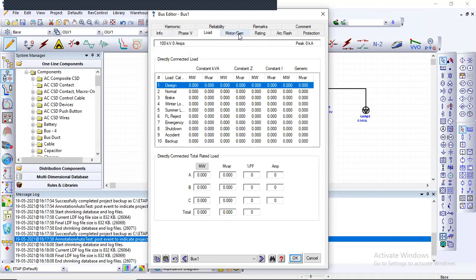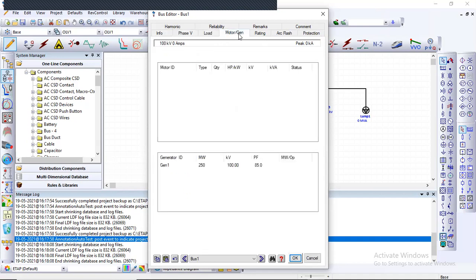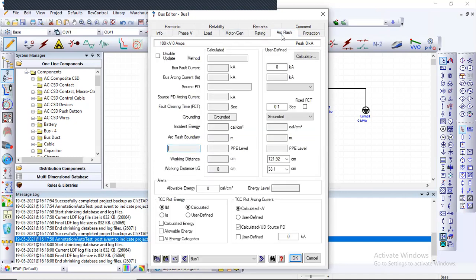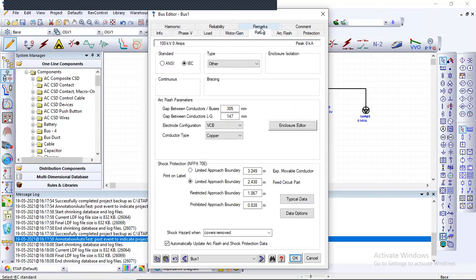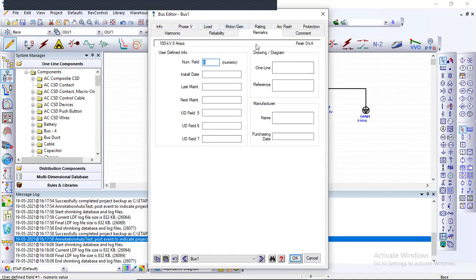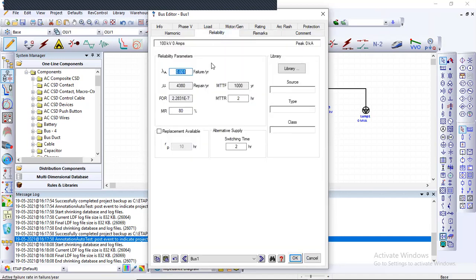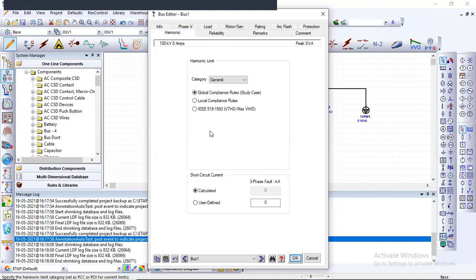Load is the categorization of this. Motor, generator, rating, and arc flash analysis can be placed out there. The detection aspect would also be out there. Arc rating and remarks you can place at this level, and SLD, and a reliability aspect can also be placed there, and harmonic analysis can also be found in this aspect.